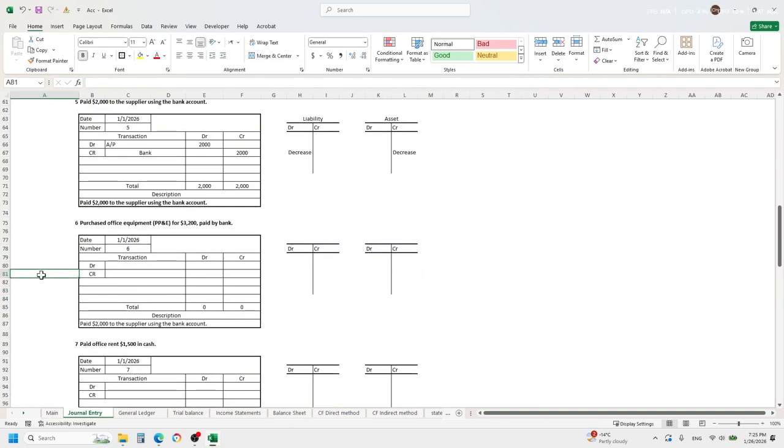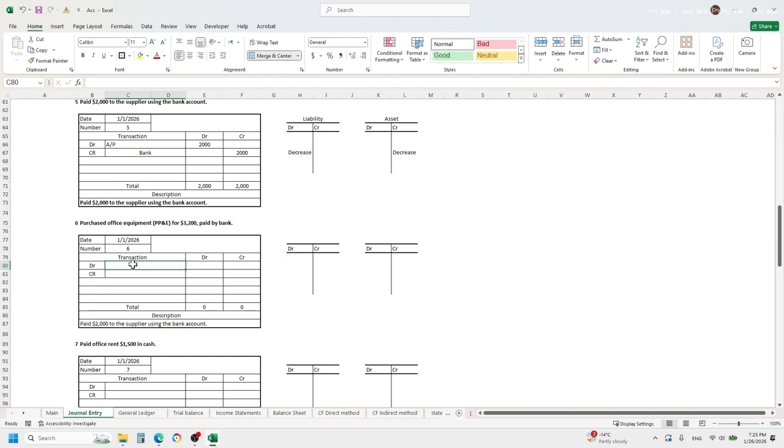Number 6, purchase office equipment for 3,200 paid by bank. The equipment is a long-lived asset, so it's a non-current asset. We're going to use it for more than 1 year to run our business. It increases, so we debit, and the bank account decreases because we pay from it, so we credit it.